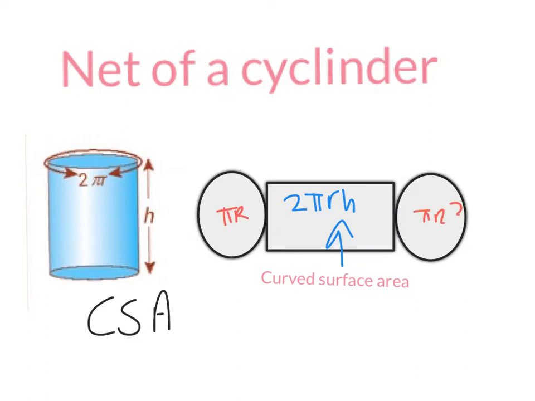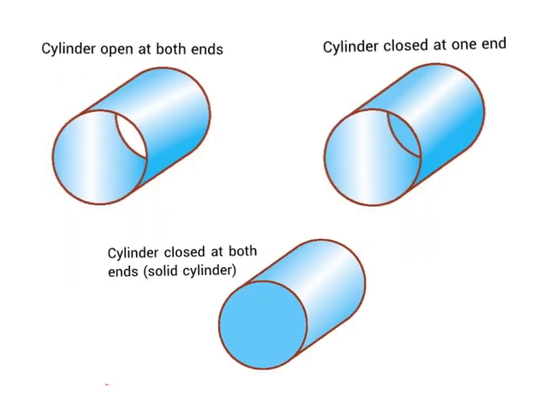Okay, so curved surface area corresponds to this, but if I'm asked for the whole surface area, I have to include my pi r squareds as well. With questions regarding cylinders, it is really important that we decide what type of cylinder it is. If I'm asked to find the curved surface area, I'm just asked to find this. Here I would have the curved surface area and one circle.